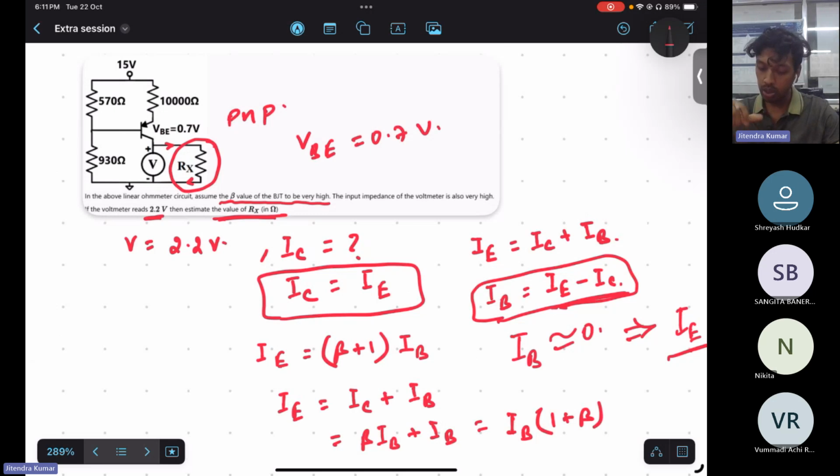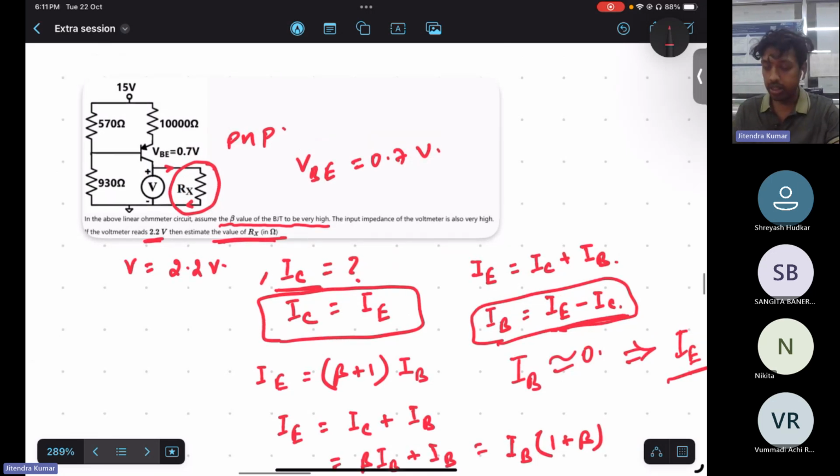So that was a clue given for this problem: we needed to find IC for the calculation of Rx, and we do not know the value of IC. If somehow we can calculate the emitter current, then indirectly we know the collector current, right? So how do we calculate that emitter current?